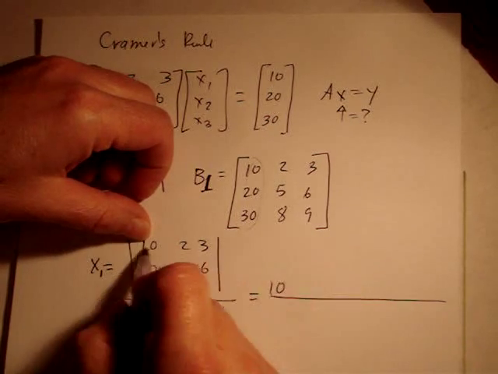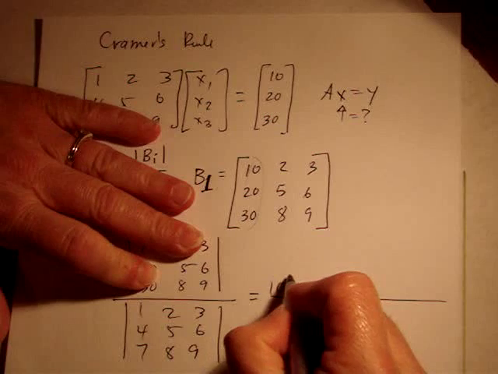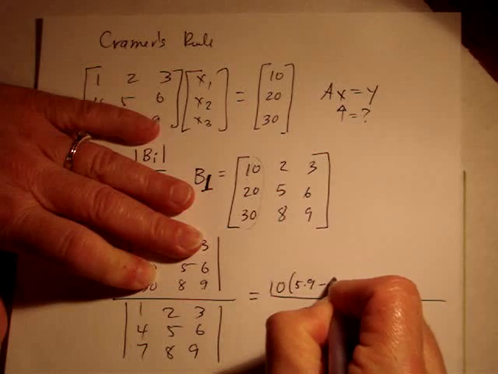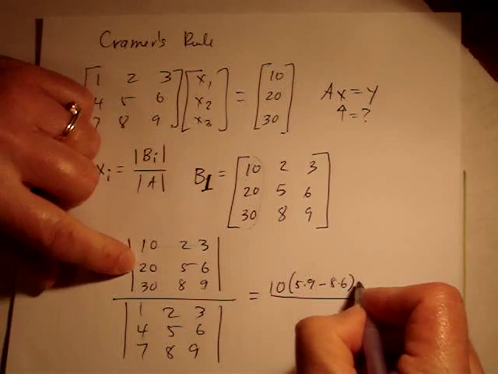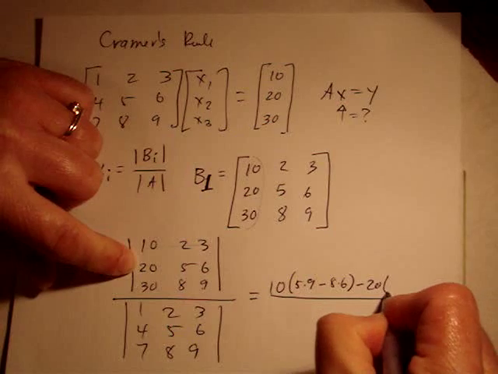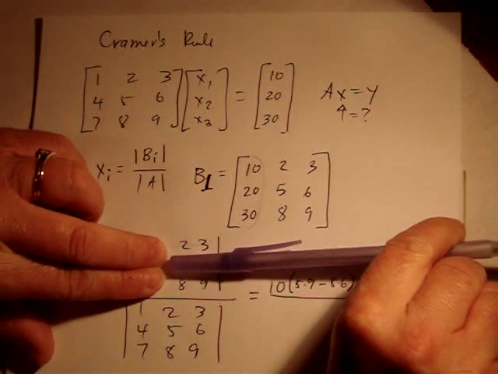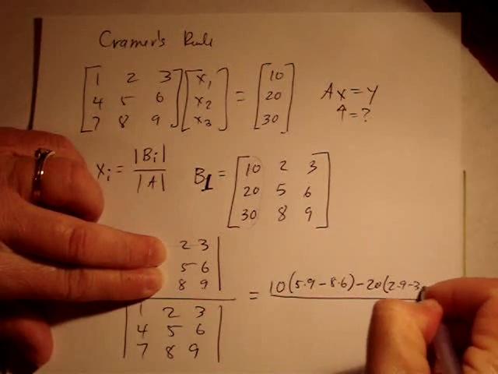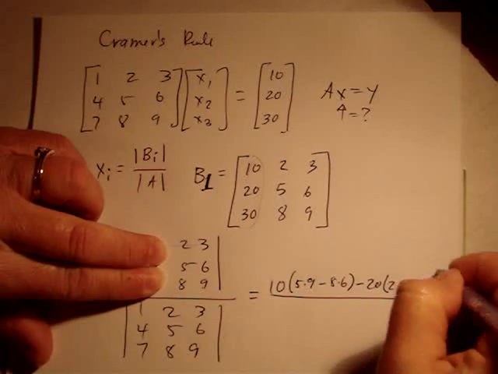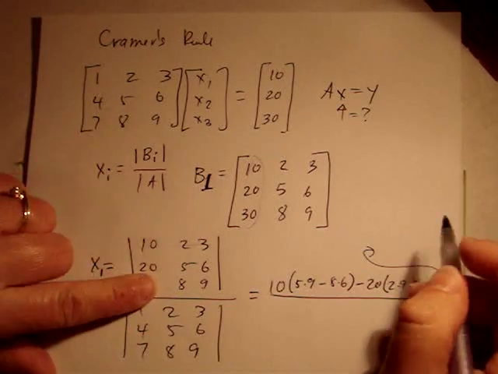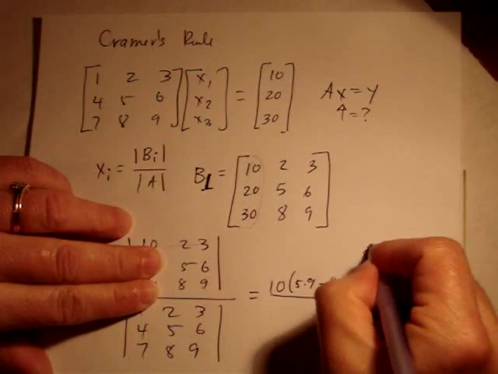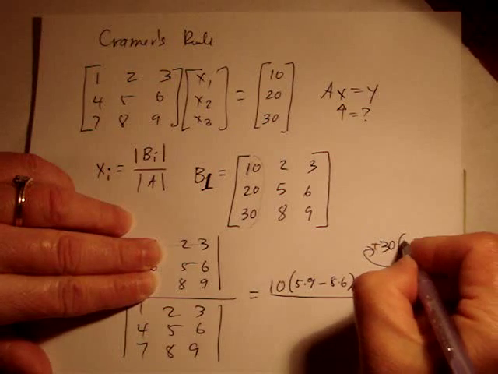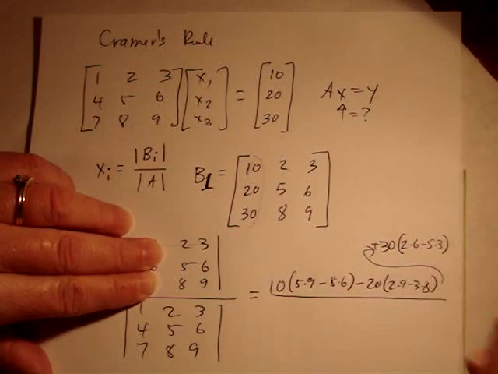So 10, eliminate this first row and first column, times 5 times 9 minus 8 times 6, minus 20 times what's left over when we cross out that row and column, so 2 times 9 minus 3 times 8. And I'm out of room, so let's go back up here, we're getting messy. Finally plus 30 times, eliminating those two, 2 times 6 minus 5 times 3.